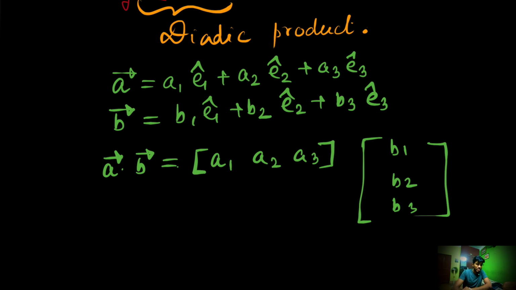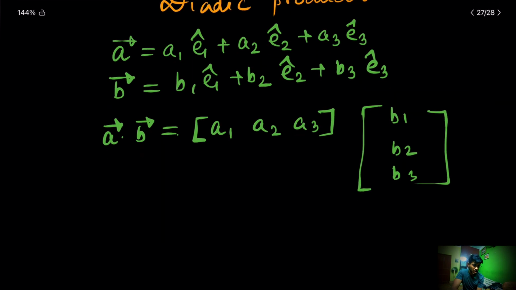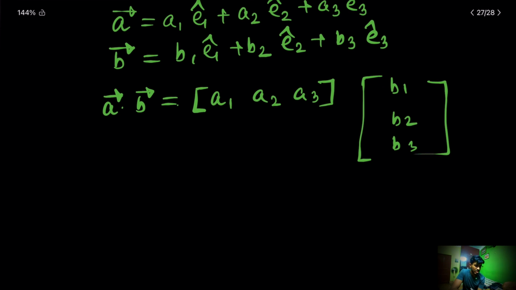So then is it correct? Let us just see. This is a matrix and it has the dimension of 1 cross 3 and this is 3 cross 1, so this is 1 cross 1, okay. So then it is correct, right, because this row is multiplied by this column.